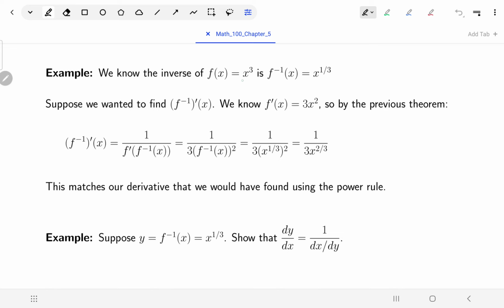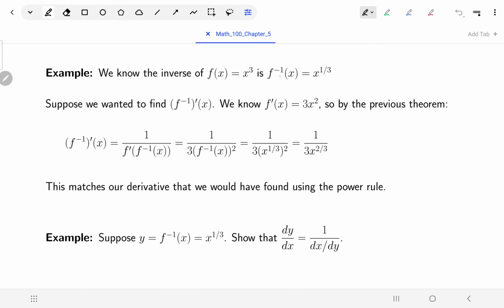So the theorem would say, well, not a problem, because we know what the derivative of f is. The derivative of f is 3x squared. So by our theorem, if you wanted f inverse of x and you wanted its derivative, it would be the reciprocal of f's derivative evaluated at f inverse. F's derivative is 3 times whatever the input is squared. So in this case, it would be 3 times f inverse squared.